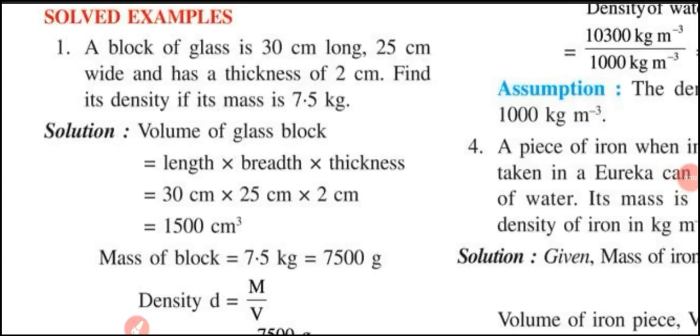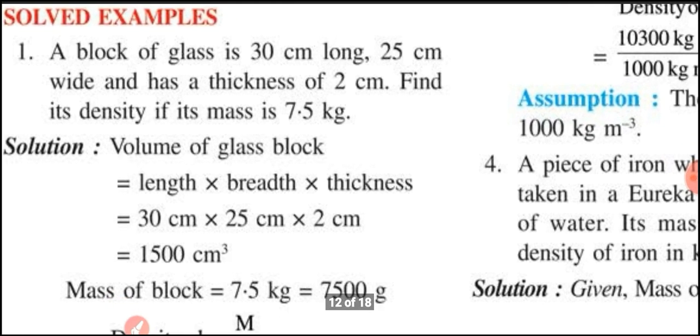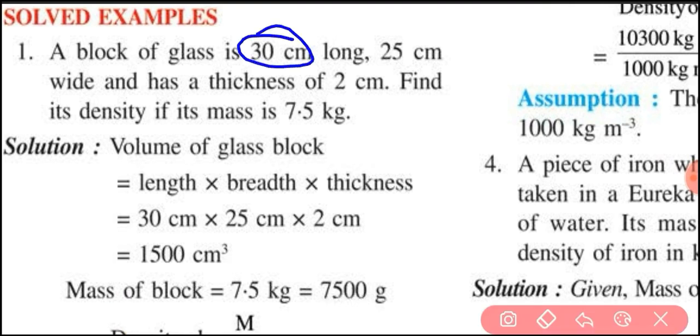Students, here are our solved examples. Please read the first question. The first question is, a block of glass is 30 centimeter long and 25 centimeter wide, has a thickness of 2 centimeter.